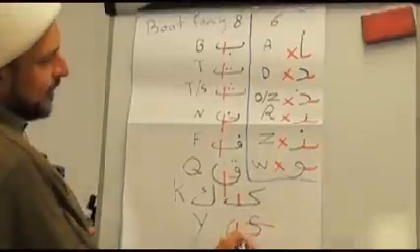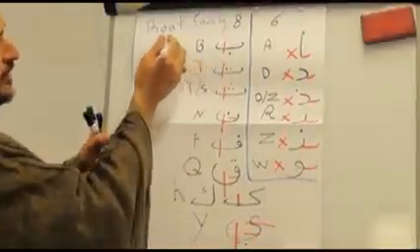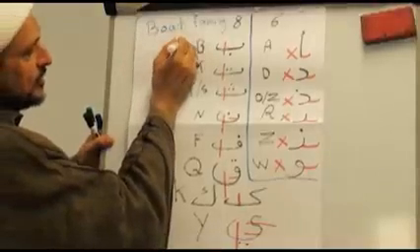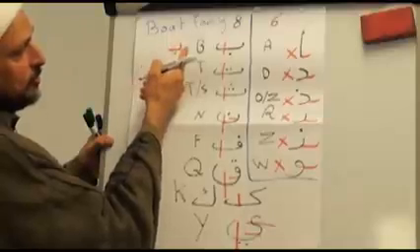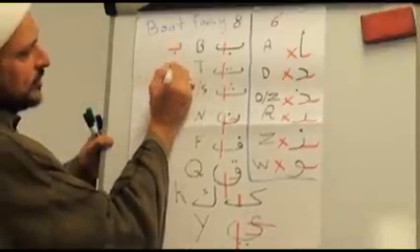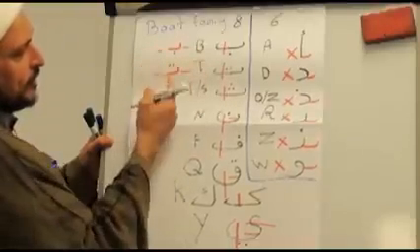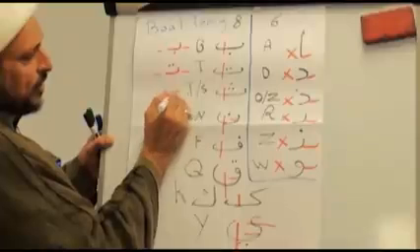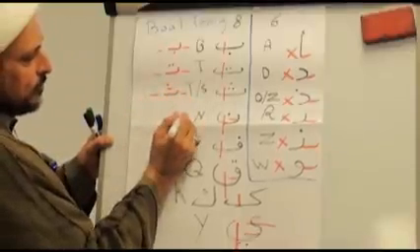How does it look if it connects from the left-hand side? It will look like this. There will be a connection here, or a connection here. It will be connected from both sides. Also this tha: you can connect it from here, you can connect it from here.